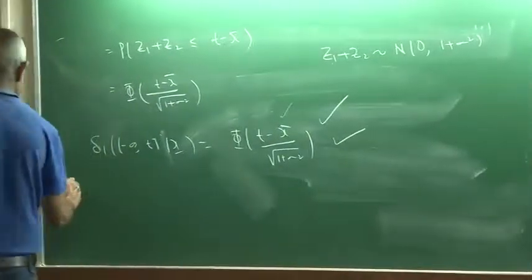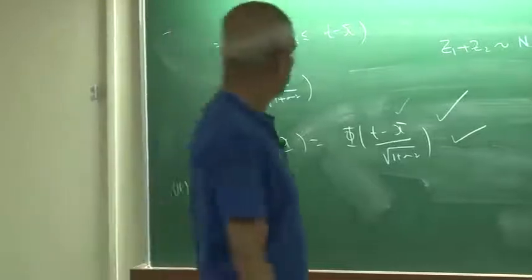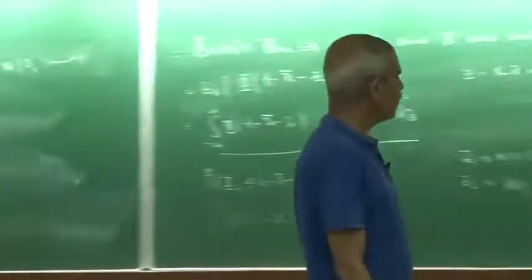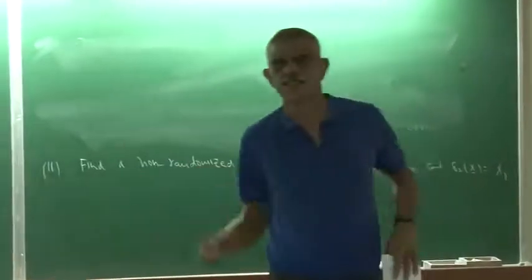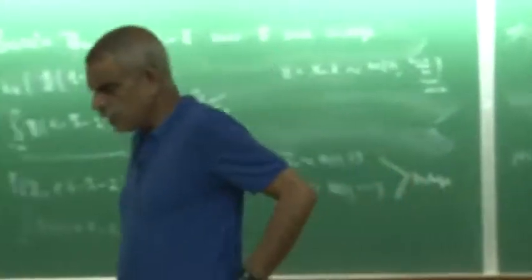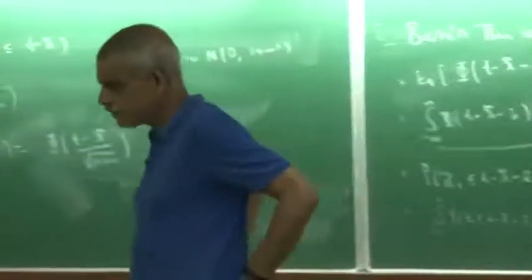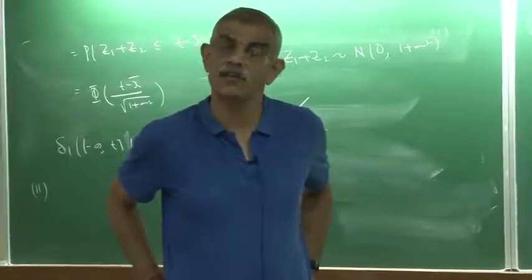So now let us consider the second part. Now I have to find a non-randomized estimator that dominates delta naught as well as this quantity. And it is possible to get a dominating non-randomized estimator because your loss function is convex.